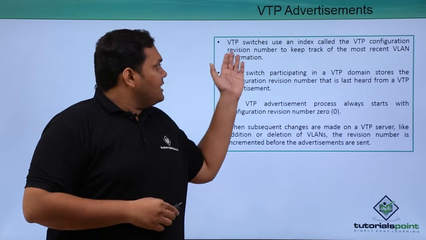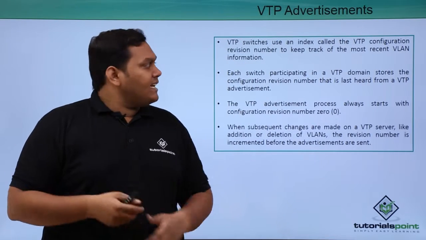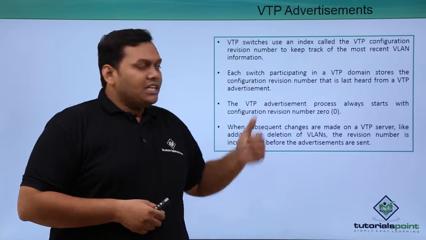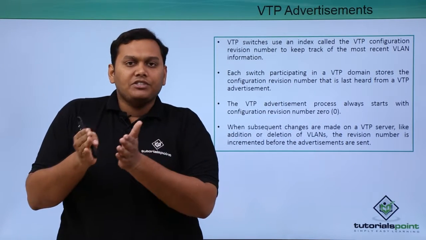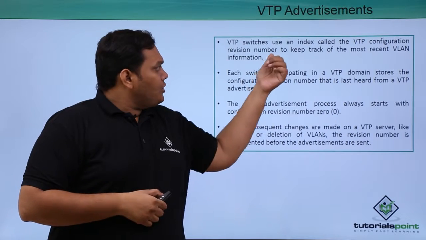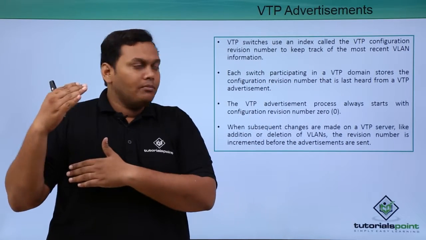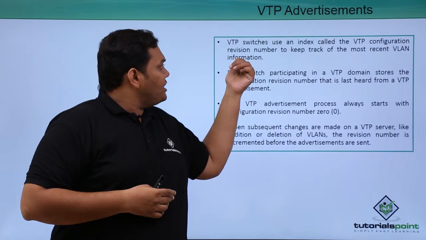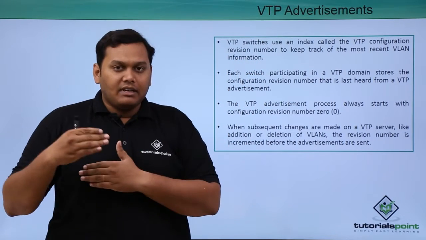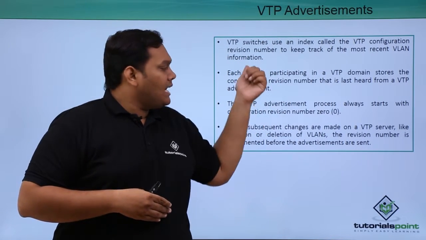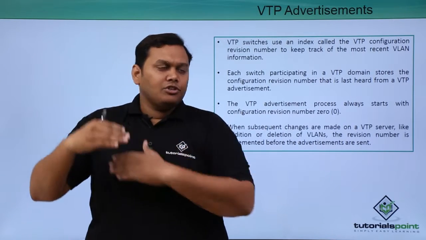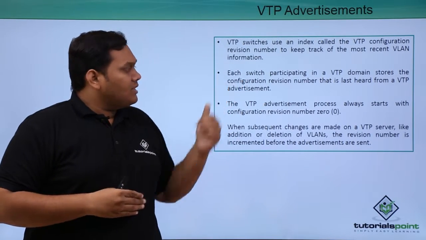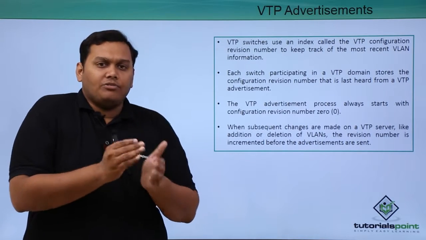The VTP switches use an index called the VTP configuration revision number. As we discussed in the syntax, the last one is the VTP message revision number. It uses this index to keep track of the recent VLAN information. So, this revision number has the track of the VLAN information in the recently added configuration.